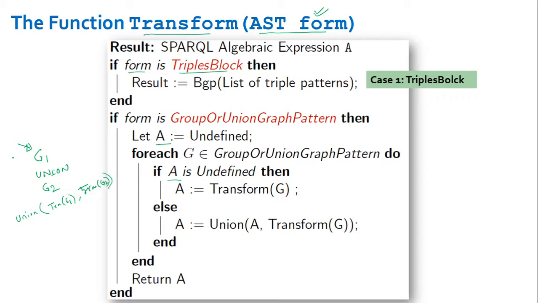If A is undefined, then we transform the graph G1, so basically we do transform over G1. Then we'll come to the next part. Again, we'll be checking the element here. So I'll just try to refresh it in a clearer way.